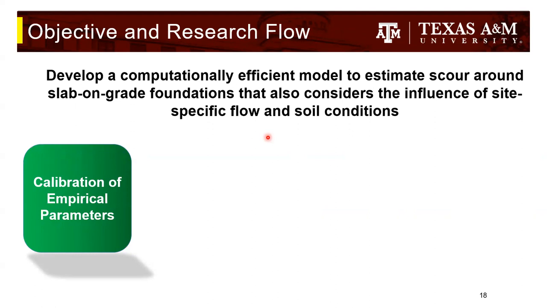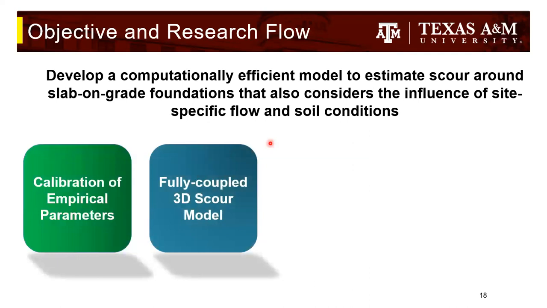Then once we have calibrated our model using the experimental results, we develop a fully coupled 3D scour model. This model simulates the scour around the slab-on-grade foundation. Then using this model, we see what the scour is, and we fix the parameter of maximum interest, which for us is the scour depth.